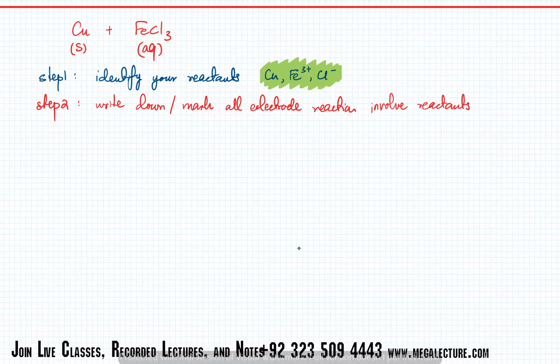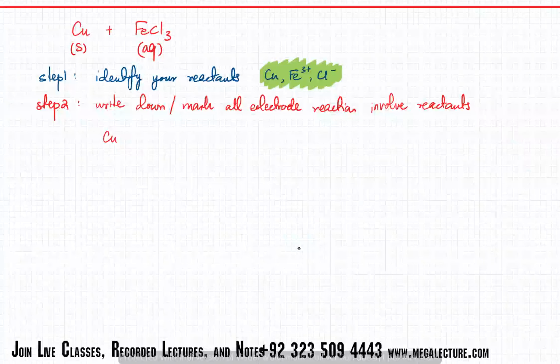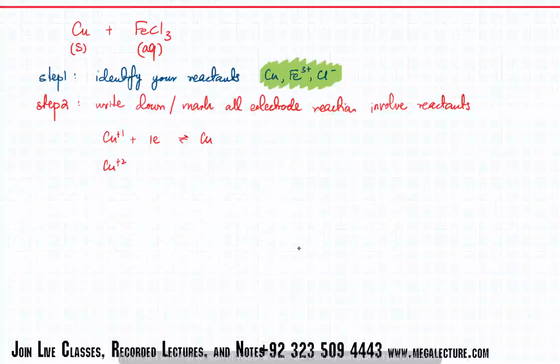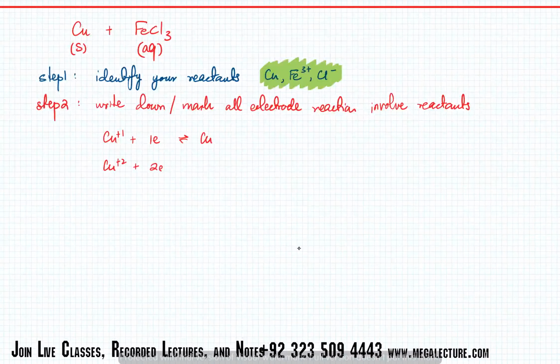So I'm going to start writing them down. For copper, I had 2: copper plus 1 gaining 1 electron in equilibrium with copper, and another one, copper plus 2. So for copper, I had 2.